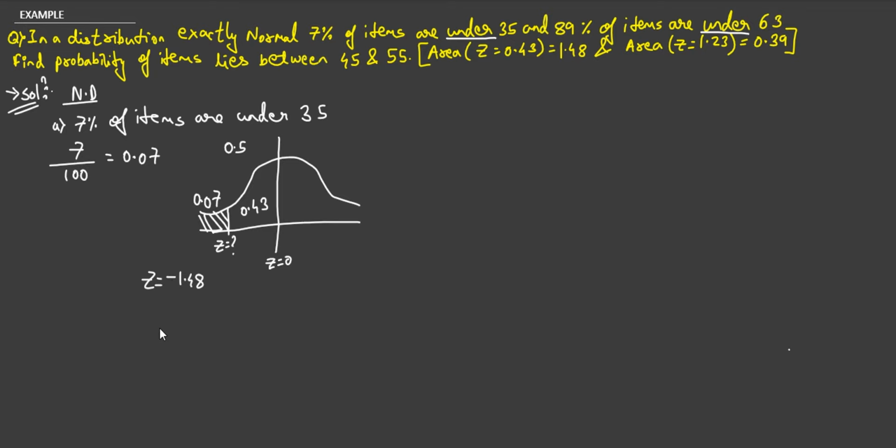Then the formula, x minus mu upon sigma. We have the value of x, which is 35, given here.